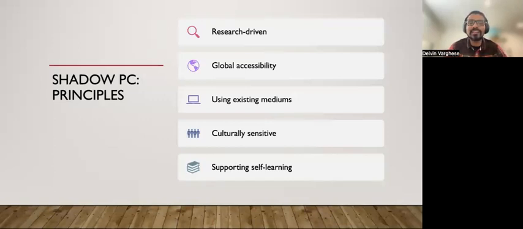It was run in four different sessions throughout the day so that people could attend at a time that was convenient for them. We used existing mediums where possible. So we used WhatsApp for group discussions, Zoom for live interactions, and email and other mediums for brainstorming. This allowed us to leverage participants' existing knowledge of platforms.